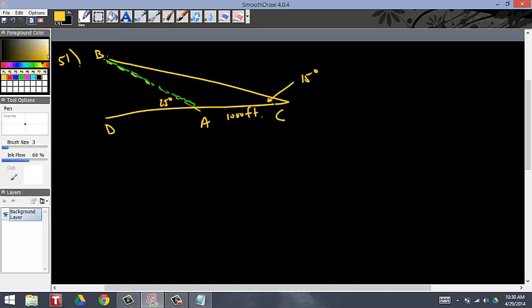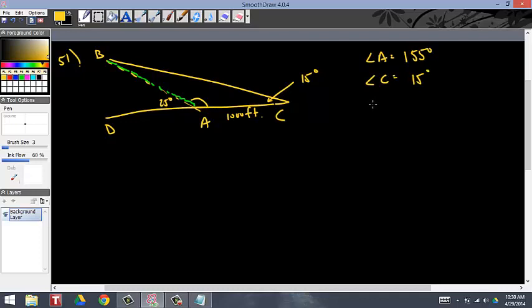Okay, so now we have to figure out what the length of side AB is. Now, this 25 degrees here means something because from there we're able to find the measure of angle A. So angle A is 180 minus 25, so that is 155 degrees. We have angle C is equal to 15 degrees.